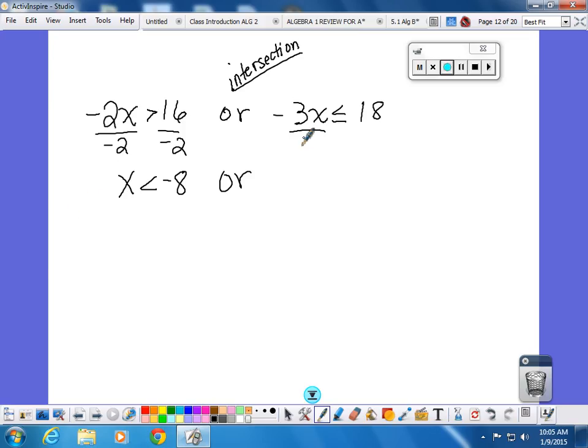All right, same thing's going to happen on this problem too. It's going to become greater than. And all that stuff we talked about the other day. But let's talk about the graphing now.